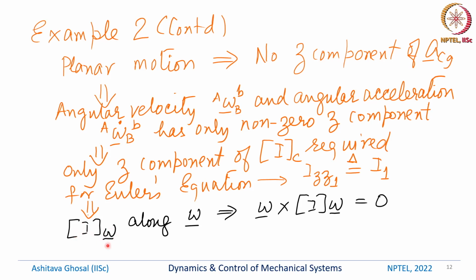So I1 into theta 1 dot will be along omega only, because you are multiplying the angular velocity, which is along the z axis, into some scalar, which is I1. So hence omega cross I omega will be 0. So in Euler's equation, we had I alpha plus omega cross I omega equals the net external moment. So the omega cross I omega term will be 0.